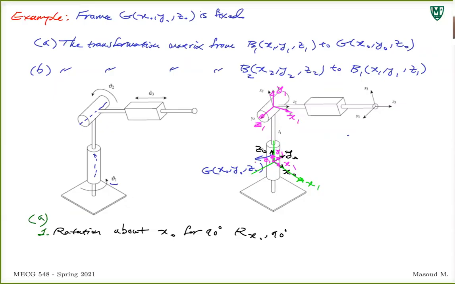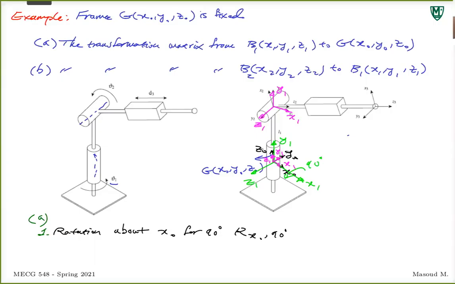I do rotation about x naught for 90 degrees. It's rotation around x naught, so x1 stays in the same direction. Y1 goes up, and then z1 comes here.